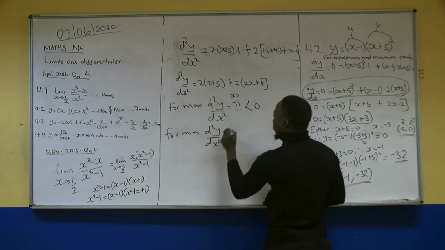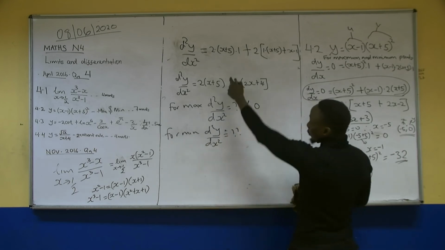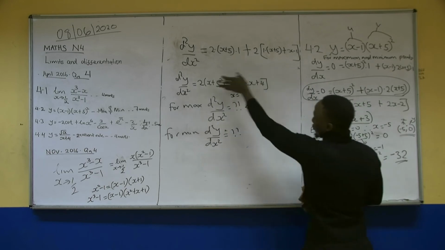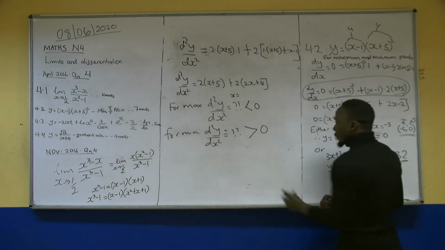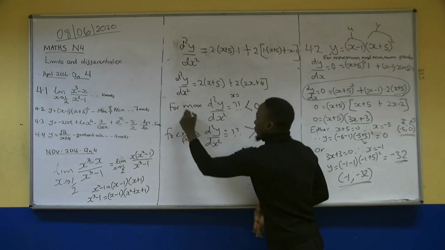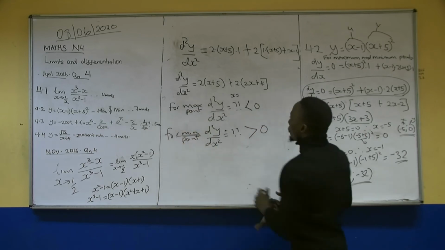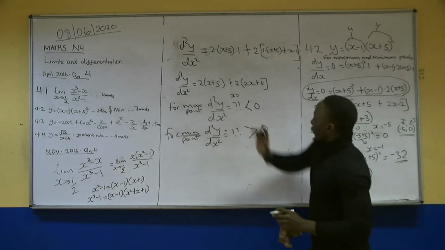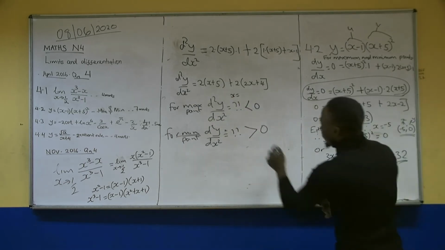For a minimum, if you differentiate the second time and substitute the value of x, and it is greater than 0, it means that this is a minimum point.